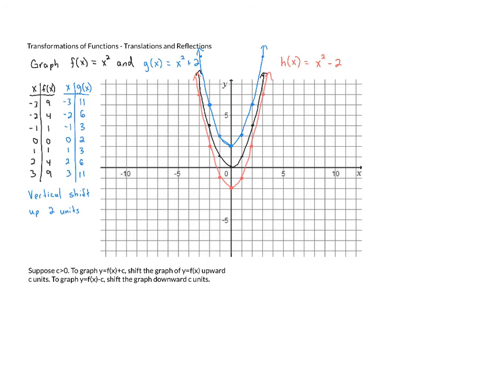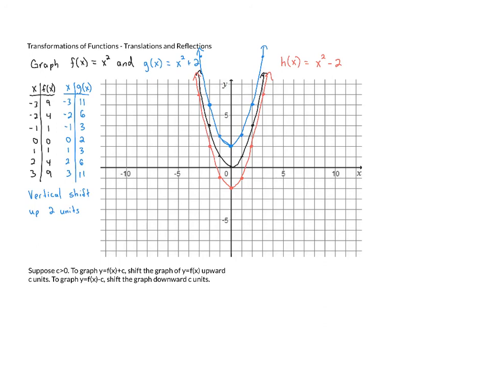In the future, if you need to sketch the graph of a function that is just a function we've done before, but plus or minus some constant, you can take the graph that you already have and shift it upward or downward by whatever that constant is.